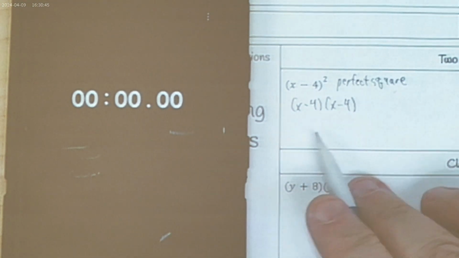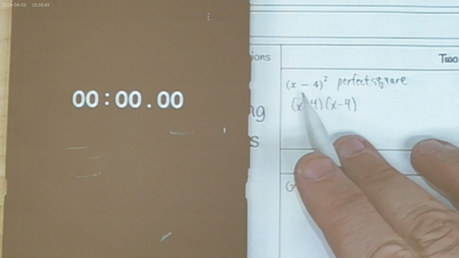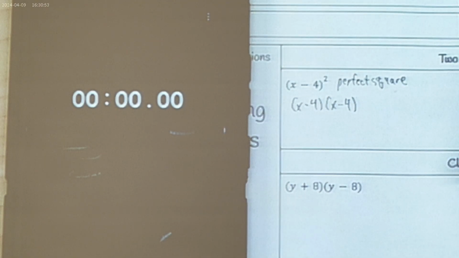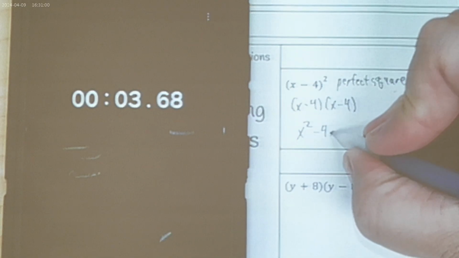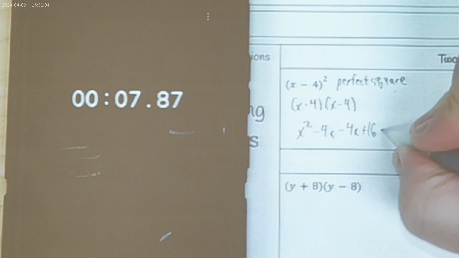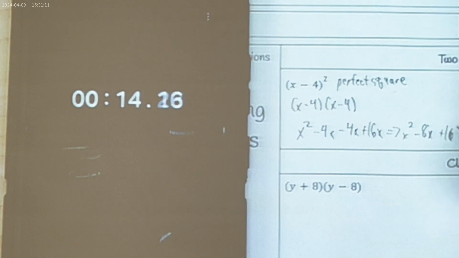So this is an example: x minus 4, x minus 4. I'm going to use the FOIL method, and let's see how this works. First gives me x squared, outside minus 4x, inside minus 4x, last plus 16. That gives me x squared minus 8x plus 16.